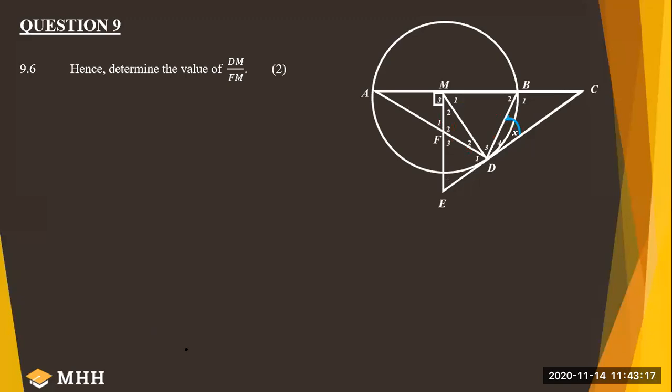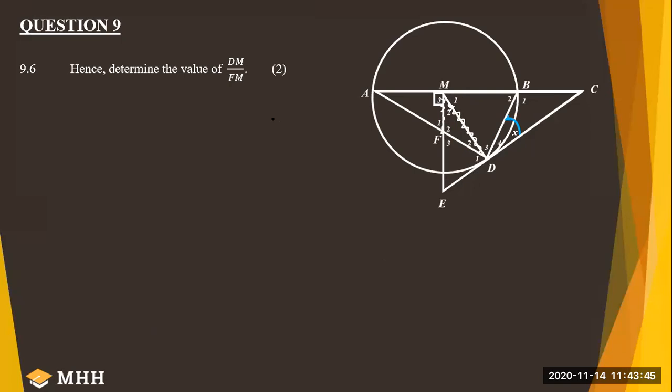Okay, then it says find the value of DM on top of FM. Okay, panicky. Again, what did I say previously? That we work with stuff that we just worked with.